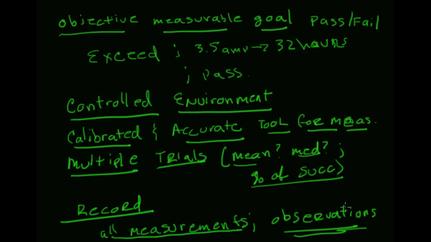All right, so five major things that we want to make sure are happening in prototype testing: an objective, measurable goal, controlled environments, calibrated and accurate tools for measurement, the usage of multiple trials, and recording all measurements and observations of non-measurement realities in the testing process. All right, so there you go.